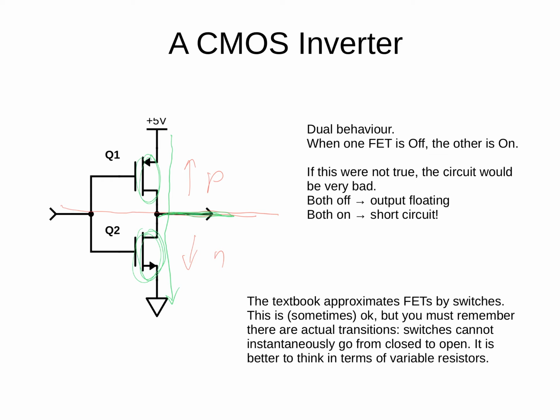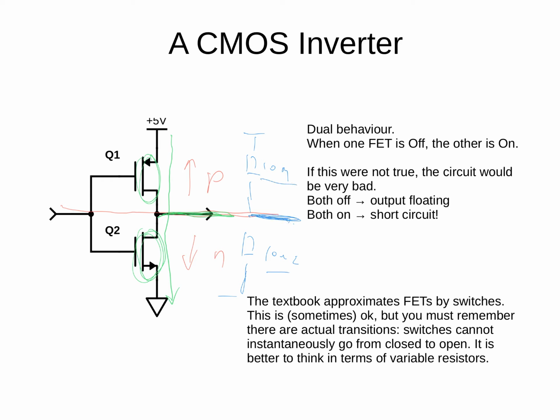If you're pedantic and don't like thinking in terms of nothing, well, remember it means that this might be 10 megohm and this one might be 10 megohm, and so our output is going to be a 5 megohm resistor connected to 2.5 volts, and that's assuming that both these FETs are identical in terms of their channel behavior, so they both have a 10 megohm resistance.